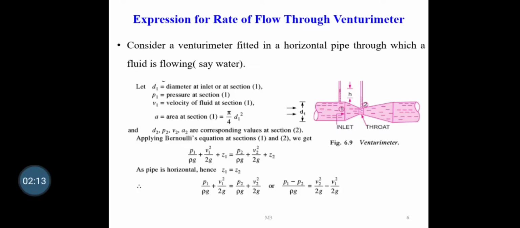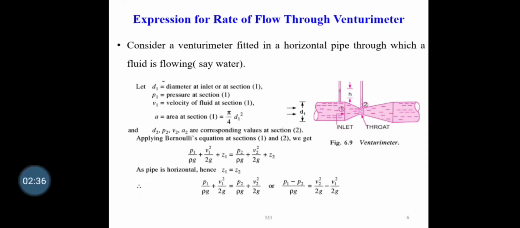So here, since we have assumed the Venturimeter to be fitted in a horizontal pipe, the datum heads Z1 and Z2 are at the same level and they are equal. So Z1 and Z2 cancel out from our Bernoulli's equation.